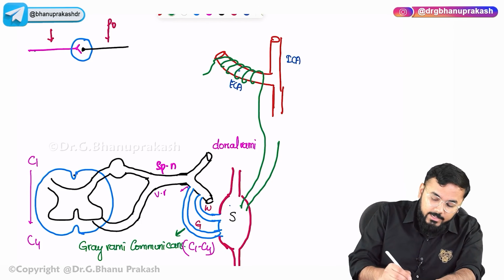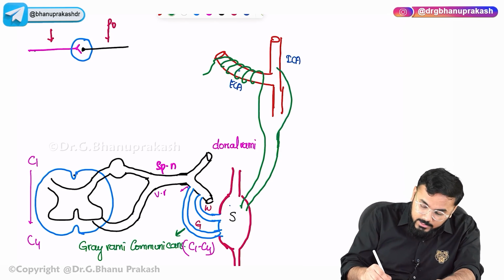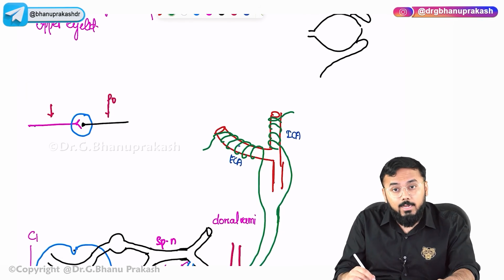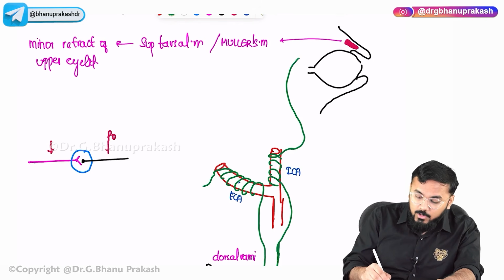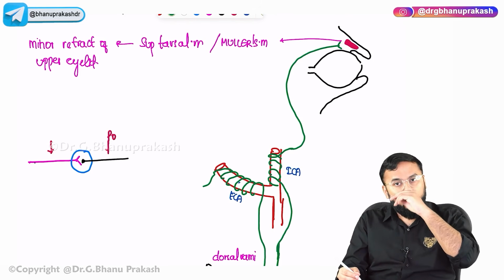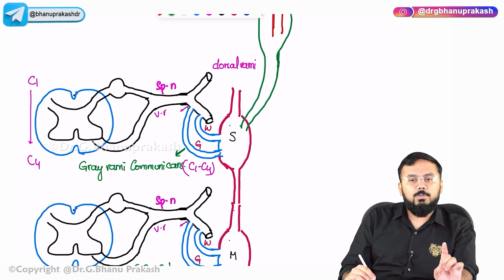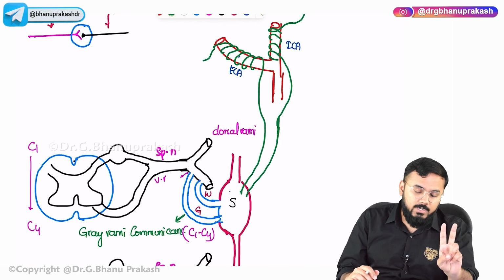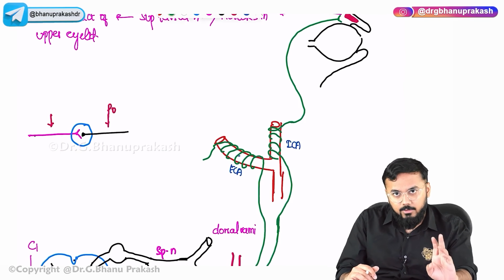So there is one postganglionic fiber that is ascending up, and this postganglionic fiber is completely surrounding your internal carotid artery. So this nerve is called internal carotid nerve, and finally after making a plexus around the internal carotid artery, this will go and innervate your Muller's muscle. So first important thing is that the superior cervical ganglion has given two nerves. One is external carotid nerve, another one is called as internal carotid nerve, which is innervating your Muller's muscle.